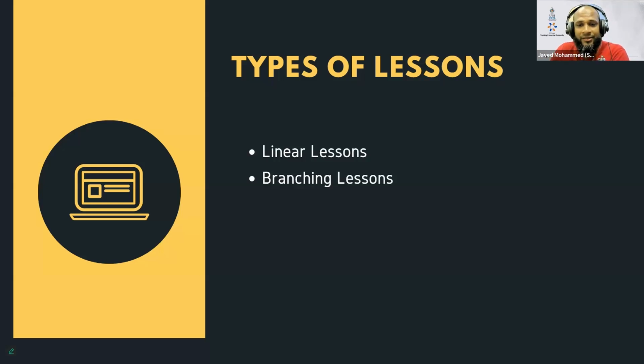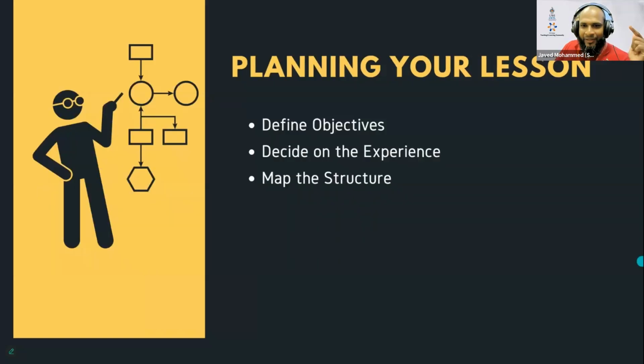Branching lessons are where you create opportunities for students to choose their own adventure. It also promotes critical thinking and decision making, so it's excellent for creating scenarios in medicine or the engineering field, etc. It's good for case studies as well, probably in law and those other faculties.